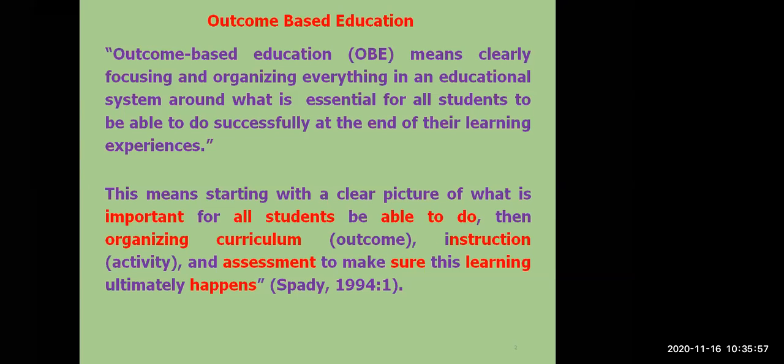Once you have decided what you expect my students to do when they go out of this college after 4 years of studying with me, we write the learning outcomes, or program learning outcomes, which we call program outcomes. For UG programs, NBA, the National Board of Accreditation, has given us 12 outcomes.